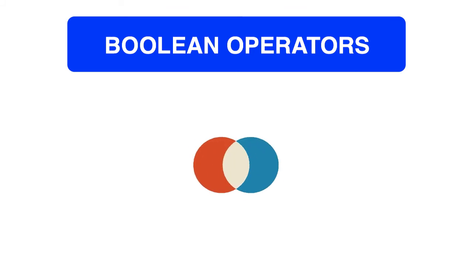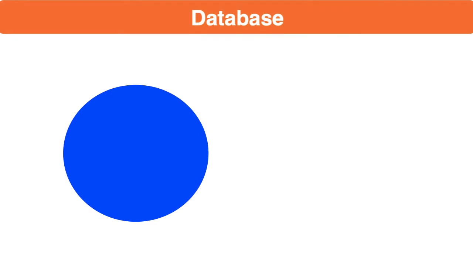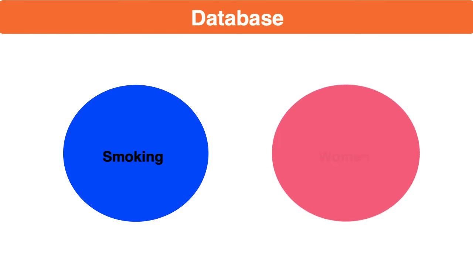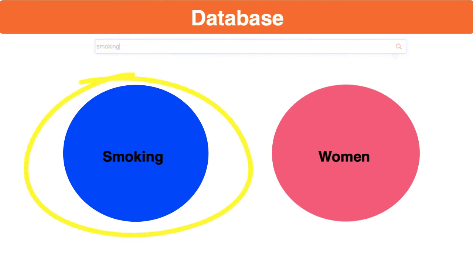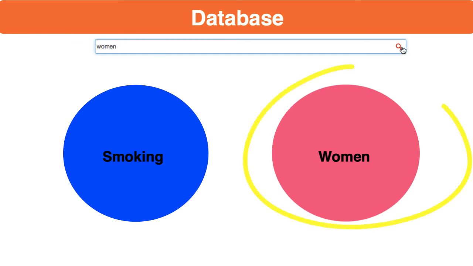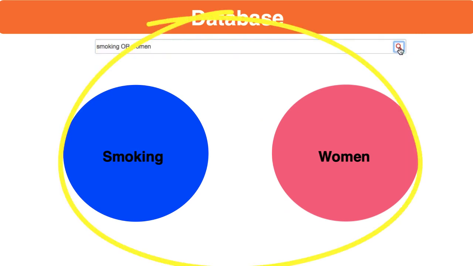Let's view the concept of Boolean operators using a Venn diagram. Imagine that the blue circle represents all of the items in a database that contain the word smoking, and that the red circle contains all of the items in the same database with the word women in them. A search for just smoking will return all of the items in the blue circle. A search for just women will return all of the items in the red circle. A search for smoking or women will return all of the items in both circles.